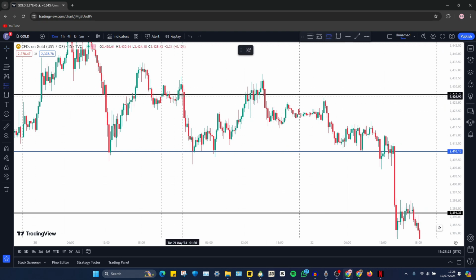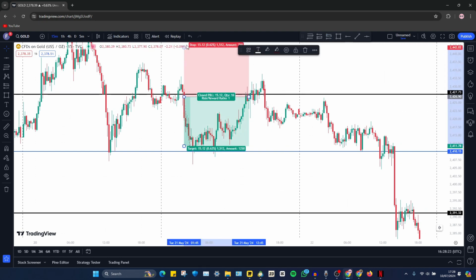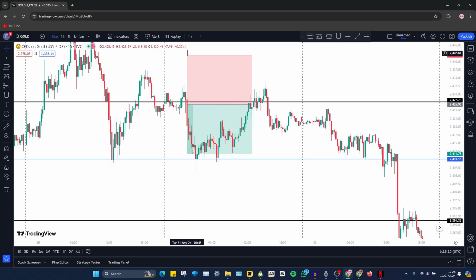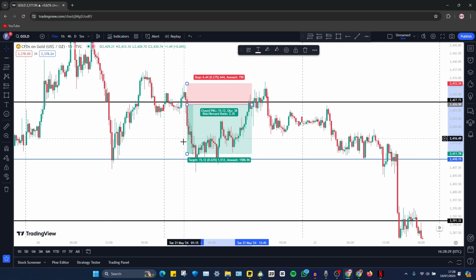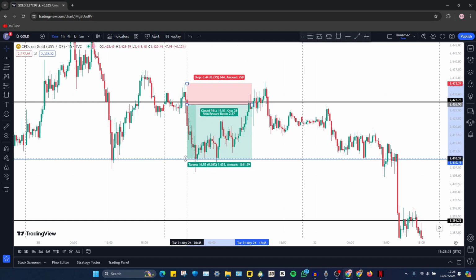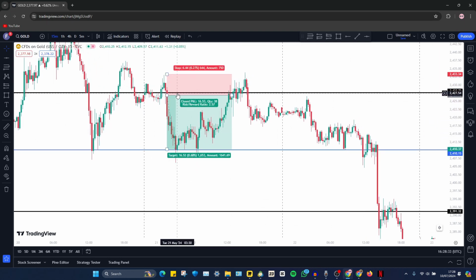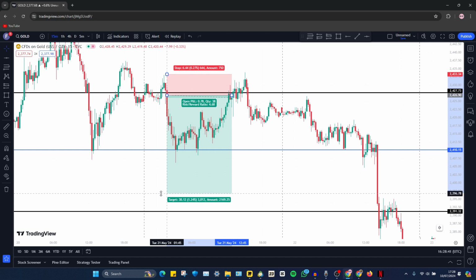Let's say you had this as an entry, and this as a take profit. Not you trying to force 1:5, 1:6. No, it's not your doing, it's the market.